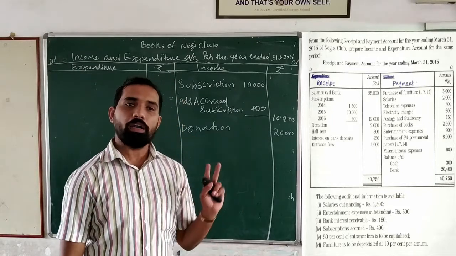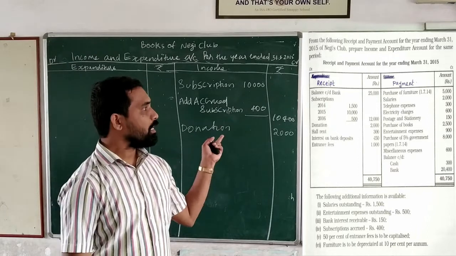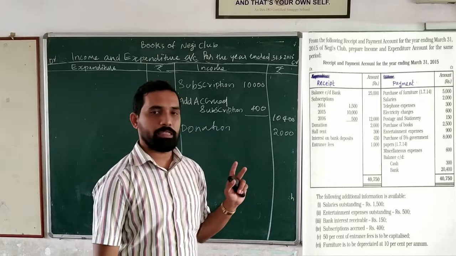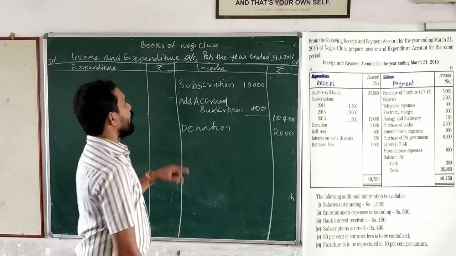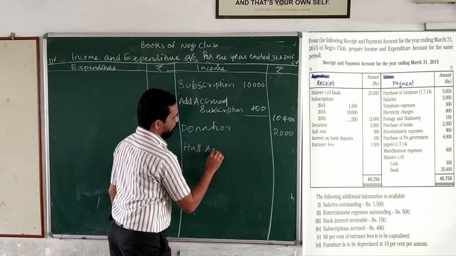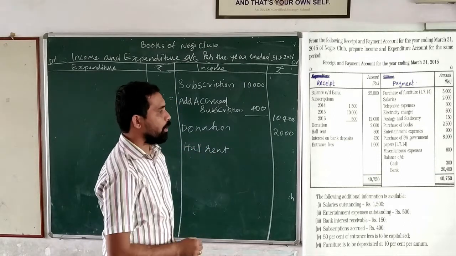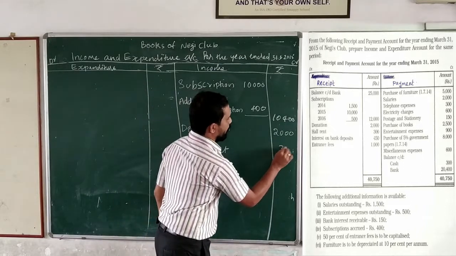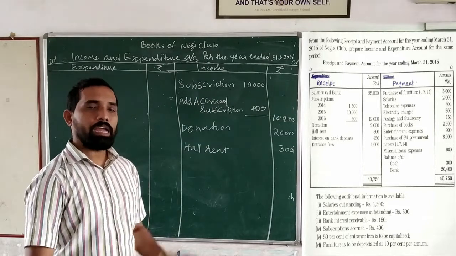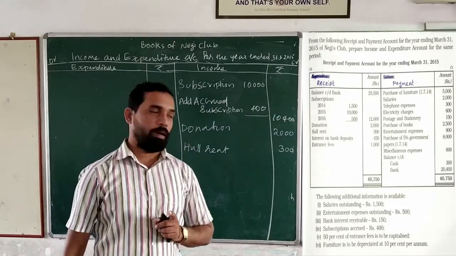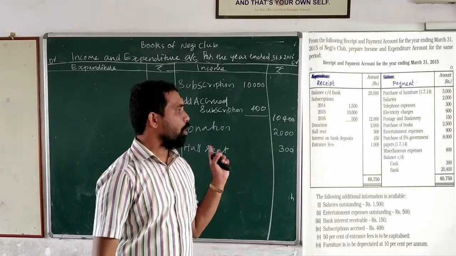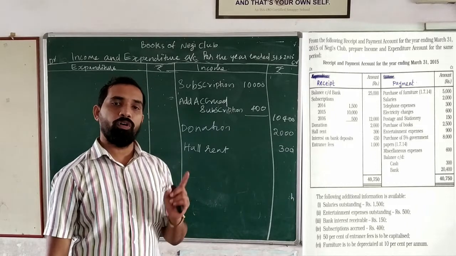Hall rent is a revenue receipt, so it is shown on the income side. Hall rent, rupees 300. Then the next item, interest on bank deposit, rupees 450.